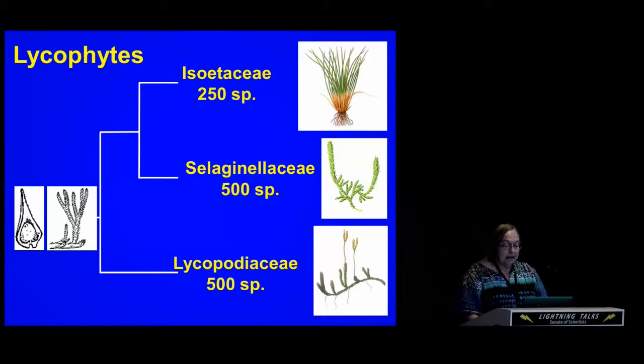You can see from the picture of the Isoetaceae, which is what we're concentrating on, that they have a fairly simple morphology and in fact sort of resemble grass, although that's not true of the micromorphology.